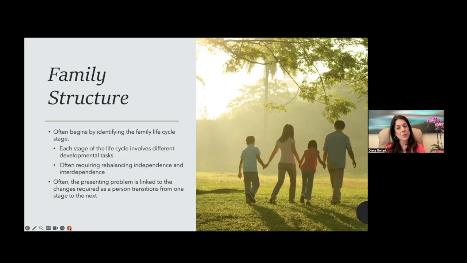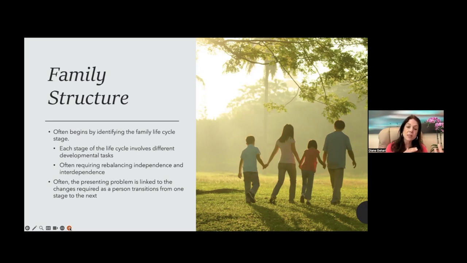This is very important, whether you're working with individuals, couples, or families, to get a sense of where they're at. So we begin by identifying where they are in the family life cycle, because each stage of the family life cycle has different developmental tasks for the individuals and the family. When you think of developmental, especially with family systems, we're looking at rebalancing independence versus interdependence.